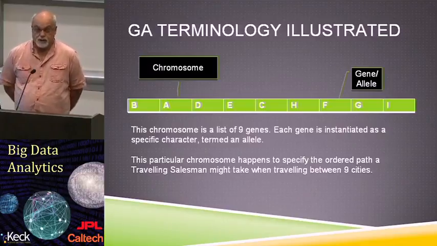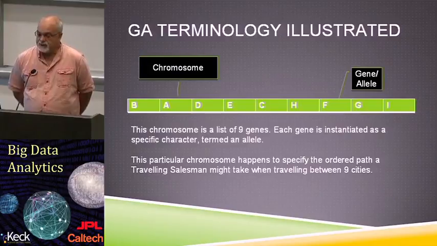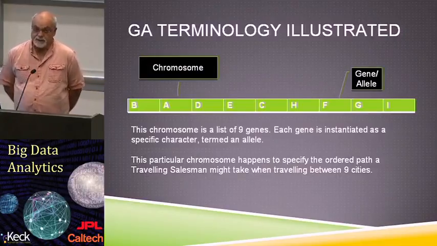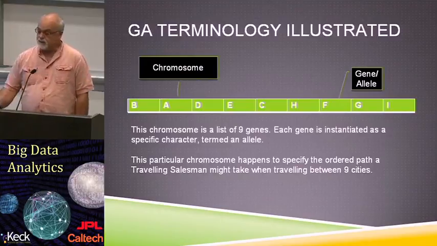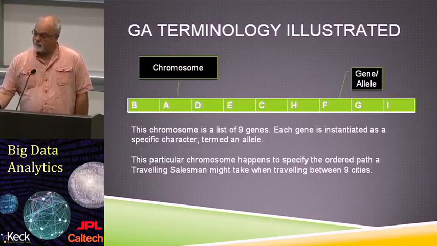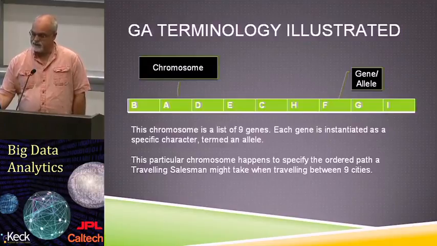So this particular chromosome is a list of 9 genes, and each gene has been instantiated as a specific character termed an allele. Now, this particular chromosome is one I took out of an example we're going to look at later, which is the path that a traveling salesman would take between cities that are labelled by those characters that you see there. So that's the basic terminology we're going to use.